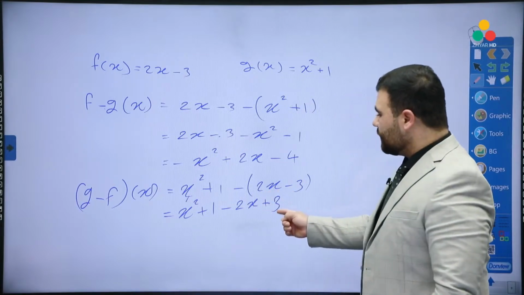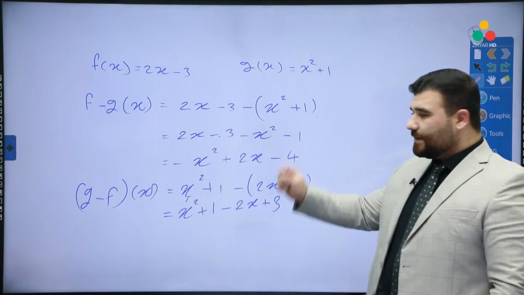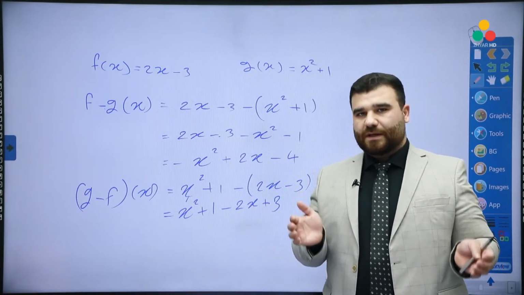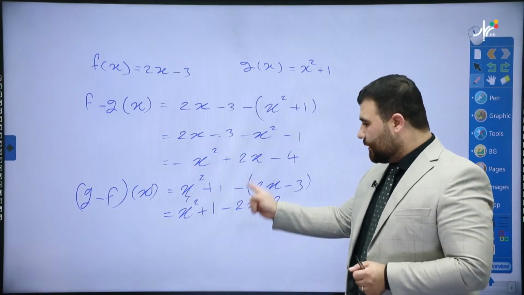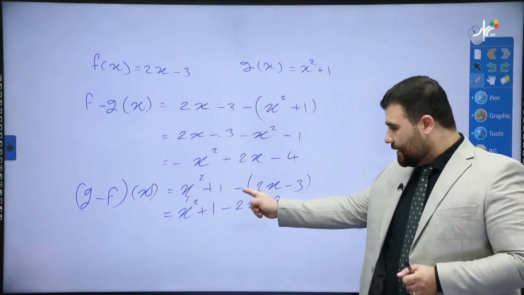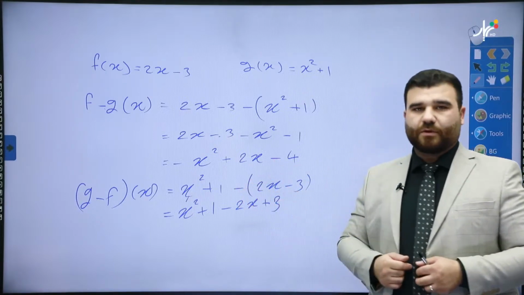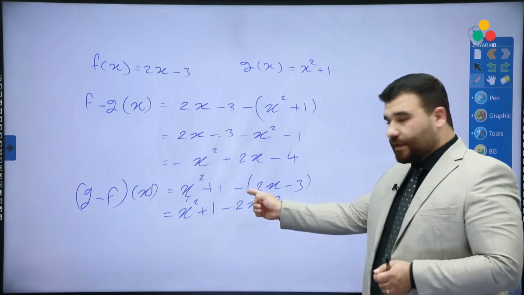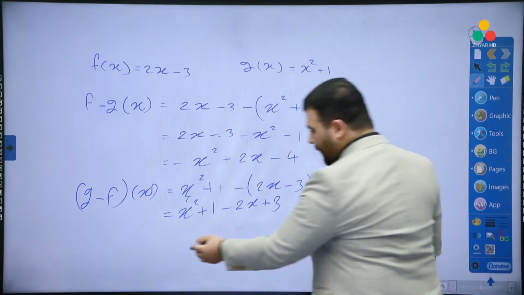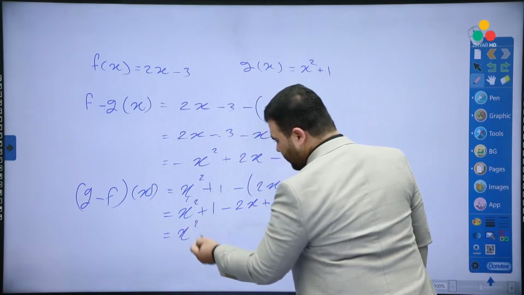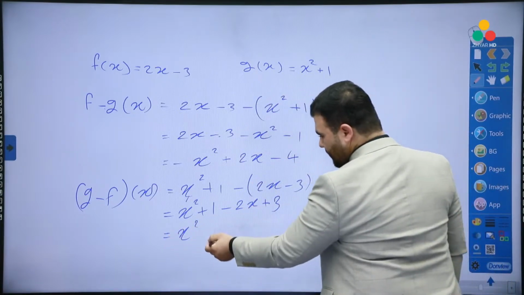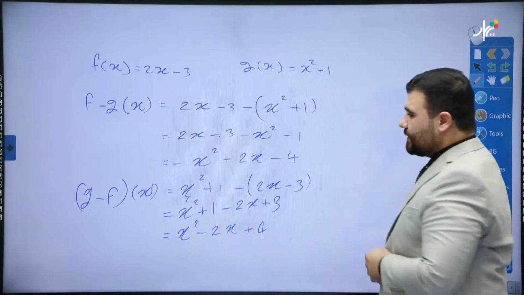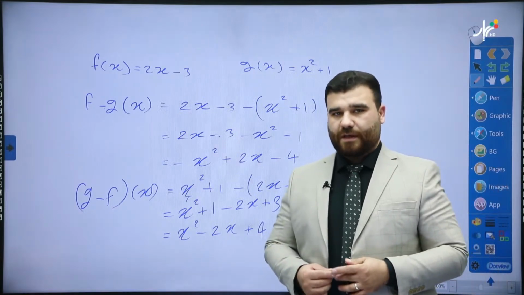This is where most students make mistakes. When you say minus f, this minus is for the entire f function. And when it's for the whole function, we should multiply it by each single term. And negative times negative is always positive. We all know minus minus plus, but where? Here, in multiplication. Now, x squared has no partner to be added with. 1 plus 3 is 4, minus 2x plus 4. So this is the result of (g minus f)(x).